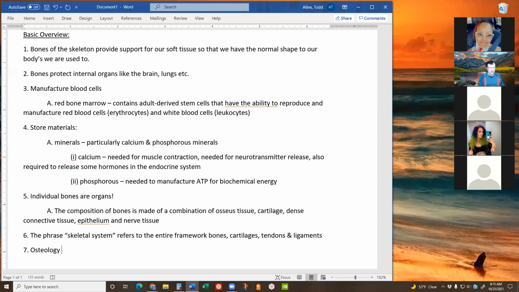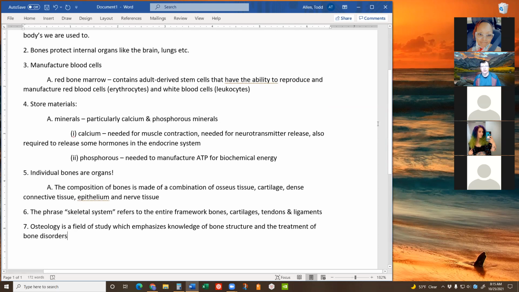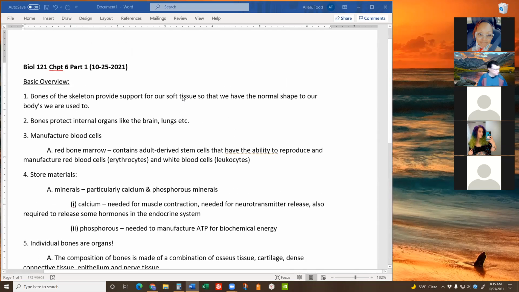Osteology is a field of study which emphasizes knowledge of bone structure and the treatment of bone disorders. Okay, folks, so that begins our conversation in chapter 6, maybe saying some things that you already knew. Do you have any questions right now?